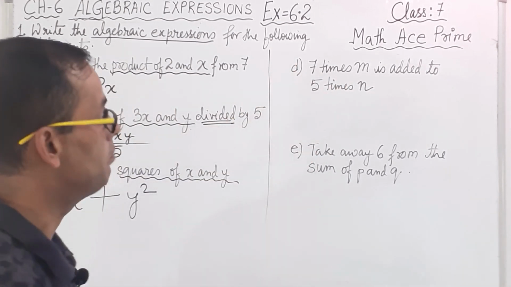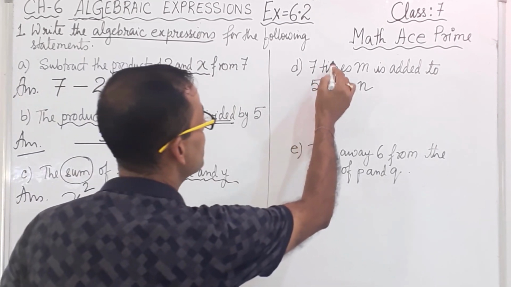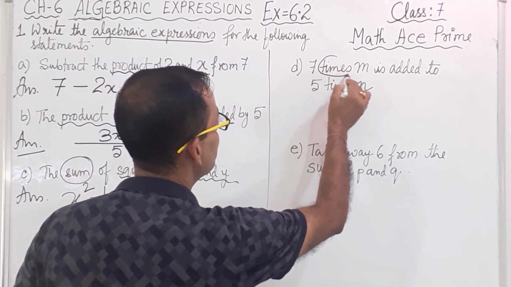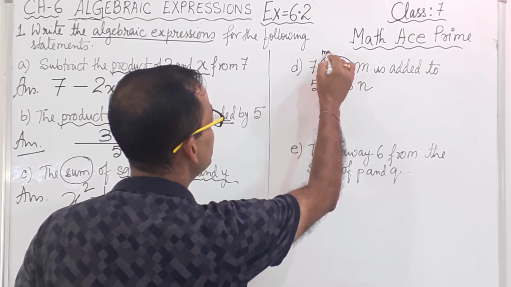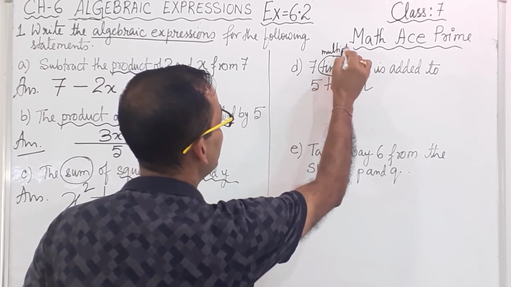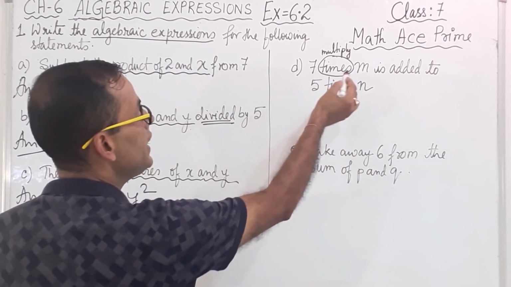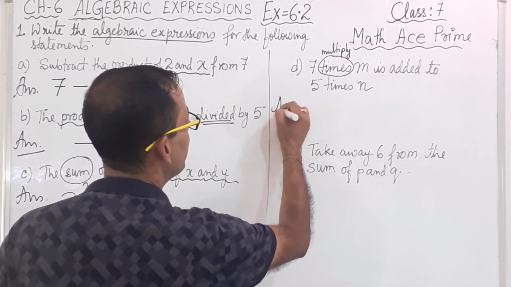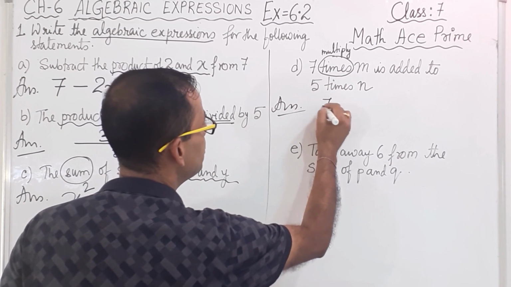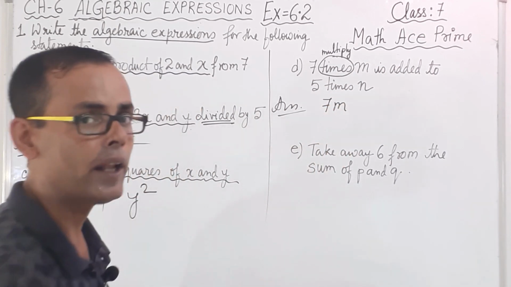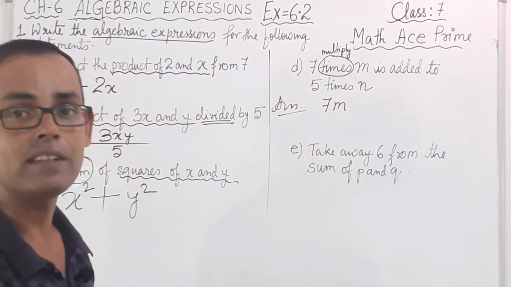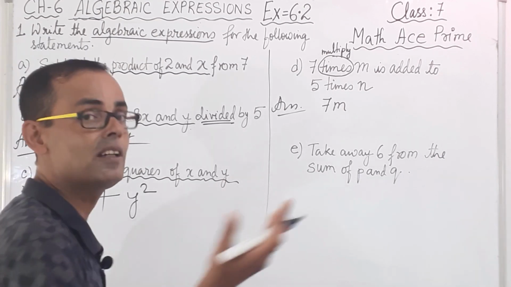Now number D: 7 times m, added to 5 times n. Times means multiply, that means into. So 7 into m, you can write 7m, because 7 and m you cannot multiply. If it is 7 into 6, you can multiply, 7 sixes are 42.